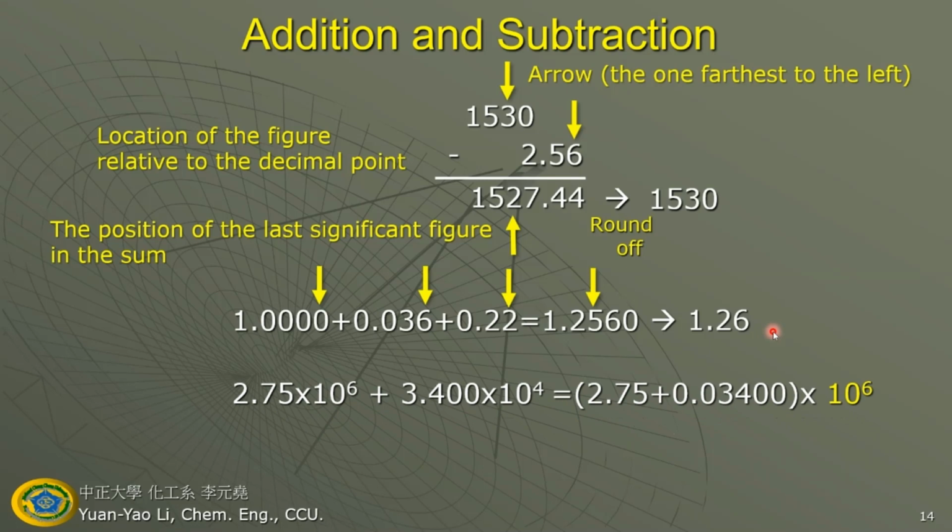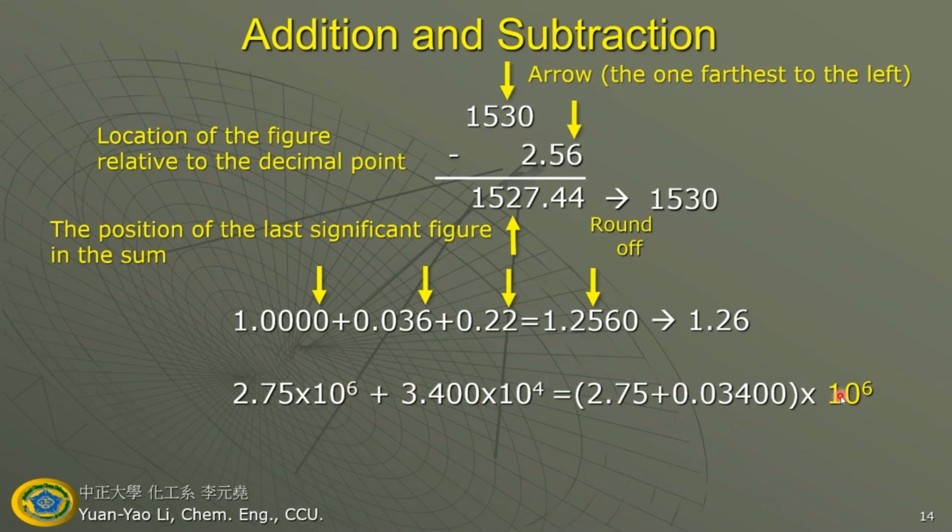How about this one? A little bit challenging, but I don't think it causes you trouble. If I have scientific notation, 2.75 times 10 to the 6 plus 3.400 times 10 to the 4. How many significant figures here? 3, right? How many here? 4. But we don't want to do this because the exponents are different. For scientific notation, we need to put them the same.